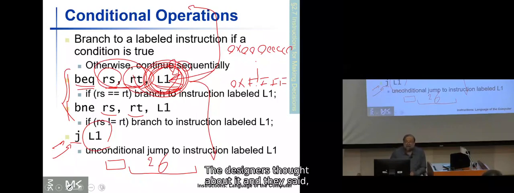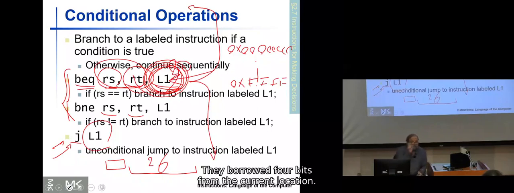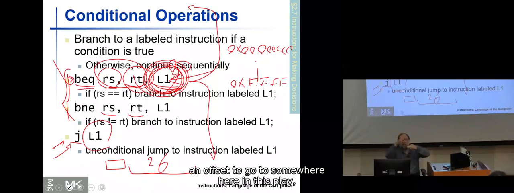Again, the designers thought about it and said, okay, we cannot do it. It is 32 bits and we cannot provide it. But to make this work, because it needs to work, they borrowed 4 bits from the current location. I told you that from the current location, we use an offset to go somewhere.